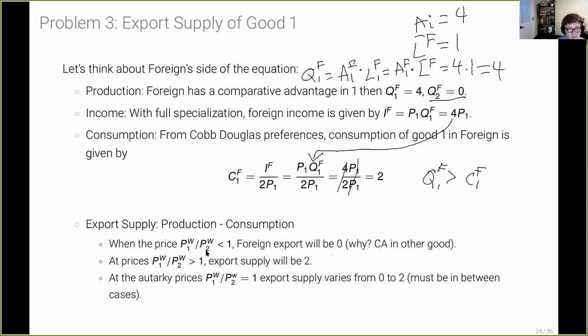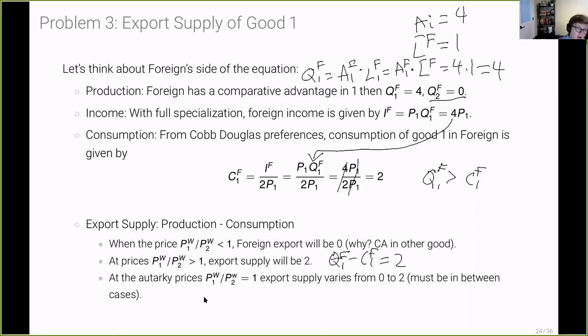So the only time we're going to be exporting is when the world price is greater than or equal to 1. When it's strictly greater than 1, we know that we'll fully specialize in good 1, and so the export supply is just the amount that we're producing minus the amount that we're consuming, which again is 2.